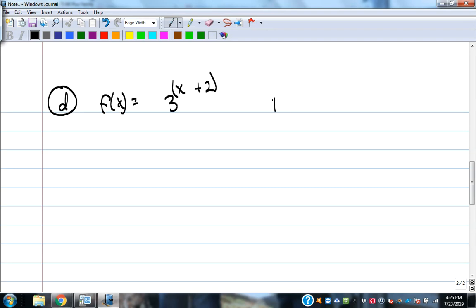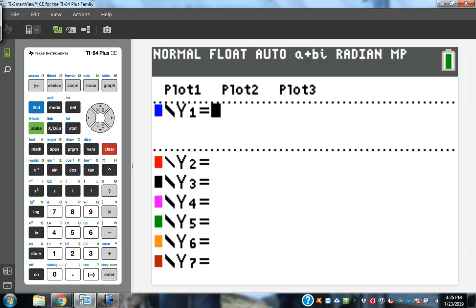And let's talk about the domain and the range of that. So again, be able to type that into your calculator and graph it, because that's going to tell you pretty much everything you need to know. So I'm going to put 3 and then the caret symbol, which is right underneath clear, so right there. And then I'm going to put x plus 2.